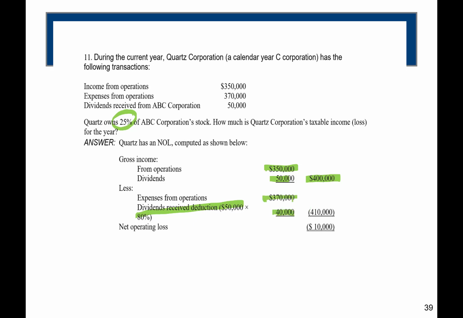They have their regular expenses from operations, and so we have $410,000 as the deduction. So the net operating loss is $10,000 here. And this was not a multiple choice question, so maybe the free response question that you see on your final might be something like this, where I'll ask you to go through and make these calculations to see what the net operating losses could be.